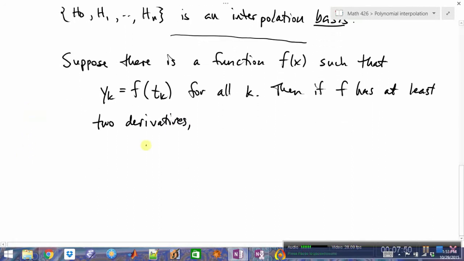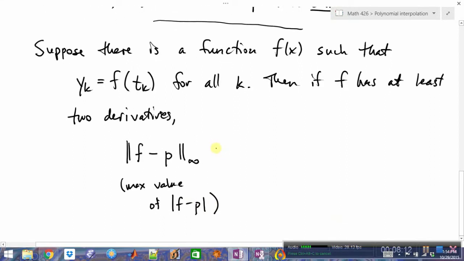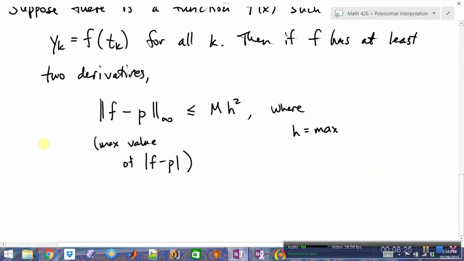The statement here is that the difference between the function and its interpolant in the infinity norm, remember, that's the maximum value of f minus p over the interval between the first node and the last node, is bounded by some constant m times h squared, where h is the max difference between adjacent nodes, as h goes to 0.